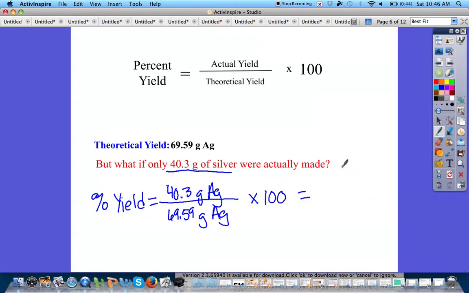And I got 57.91%. So 57.91% of the silver that could be made was actually made in the lab.